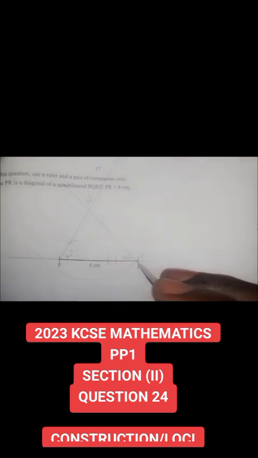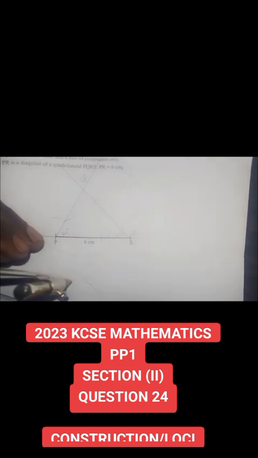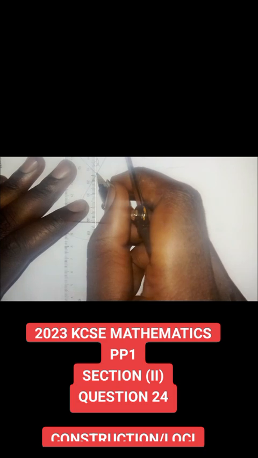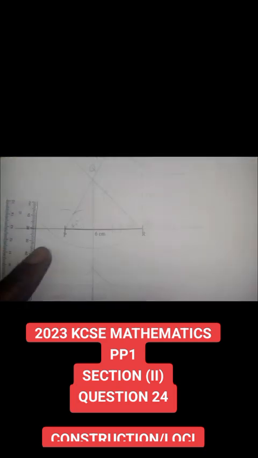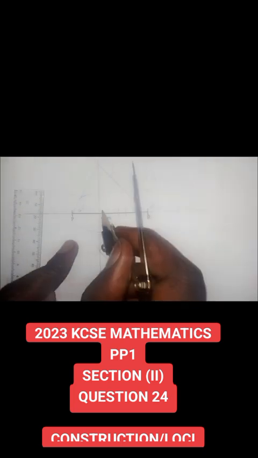How do we drop a perpendicular from a line? You put from this point, you cut the line at the bottom like that. Then make an arc here, and also this side. So if you drop, you realize that this point is going to cut line PR at 90 degrees.